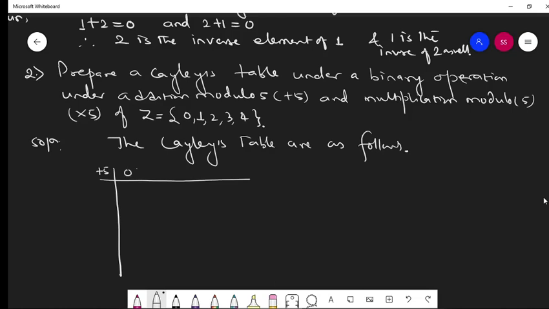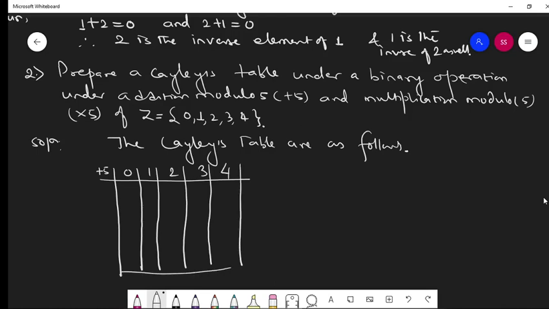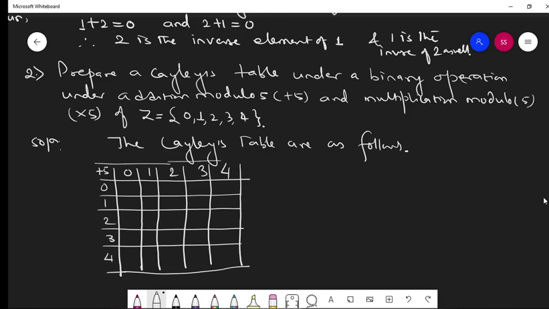Here you can write 0, 1, 2, 3, and 4, and here 0, 1, 2, 3, and simply 4. We can make a closed table of this. Then I will complete this table. This is addition modulo 5.